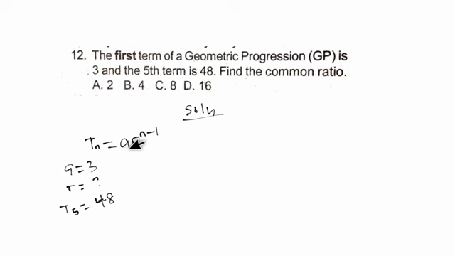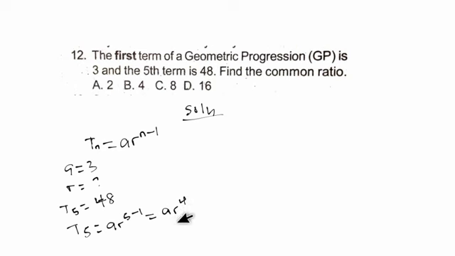From the nth term of a GP, we can get the fifth term. The formula for the fifth term is a times r raised to the power of n minus 1, where n is 5, so 5 minus 1 gives us 4.